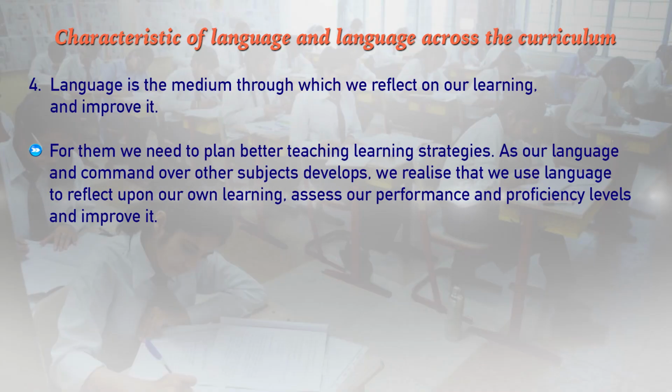As our language and command over other subjects develops, we realize that we use language to reflect upon our own learning, assess our performance and proficiency levels and improve them. All reflection happens in a language, each shaping the other and in turn being shaped by it.